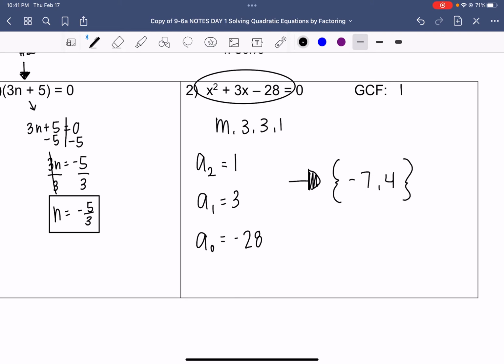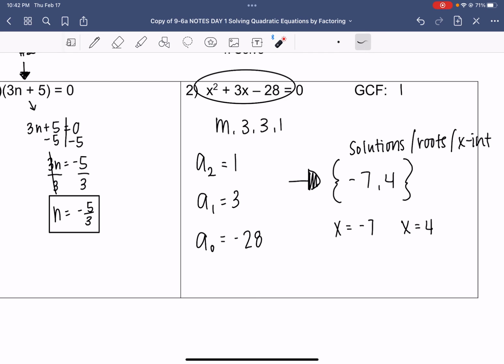Okay, because I want the solutions, the roots, the x-intercepts, whatever I call it, you do not have to put it in a factor because I want the solutions. We talked about how solutions and factors are two totally different things.